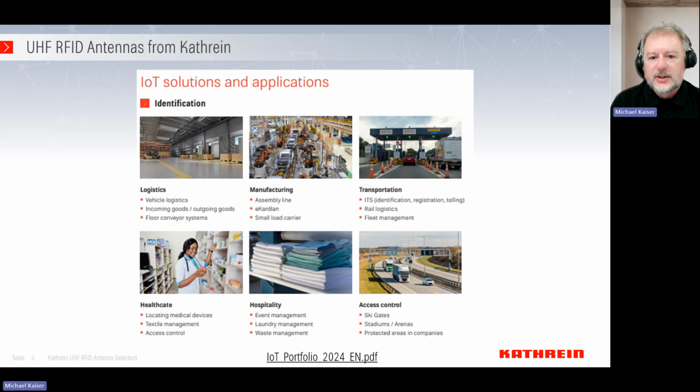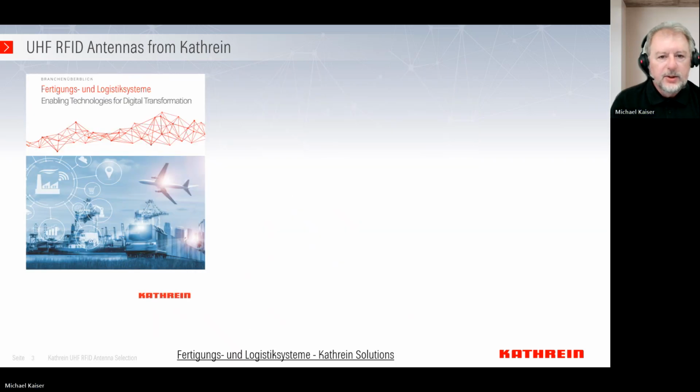If you are interested in this application, have a look at this document you find at the bottom, IoT Portfolio 2024. To give you a first hint, you can also select our flyer for logistics and production.